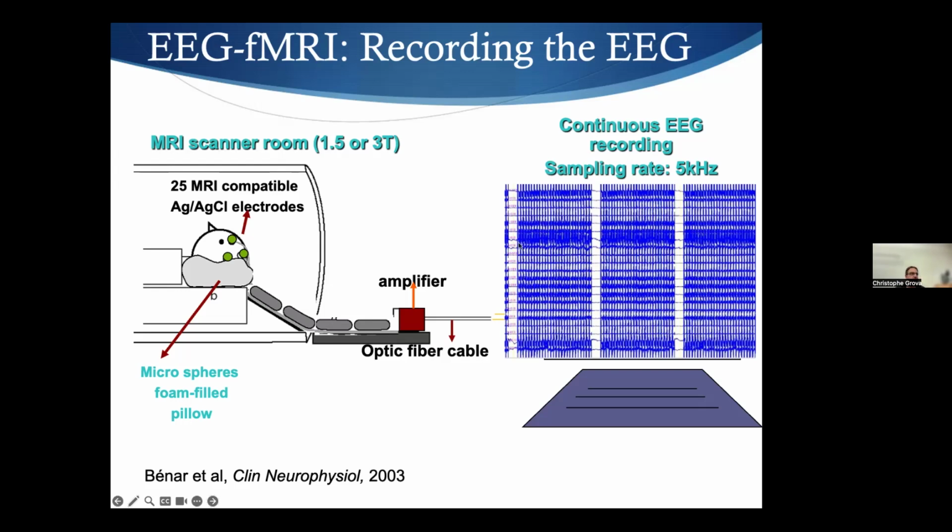If you sampled that at 200 hertz, you would never catch those fast changes correctly. So when the first amplifiers became available, I think at the end of the 90s, they rapidly increased the sampling rate and the dynamic range of those amplifiers to record a decent EEG signal.